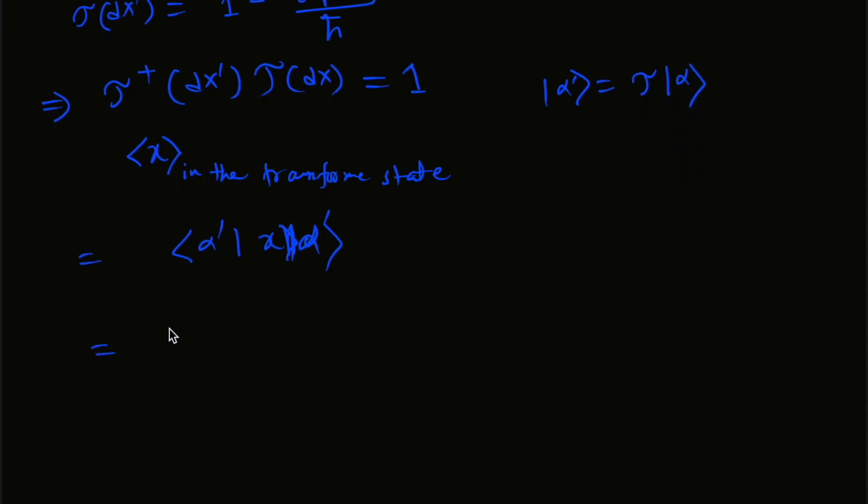That means it can be written as alpha tau dagger x tau alpha.